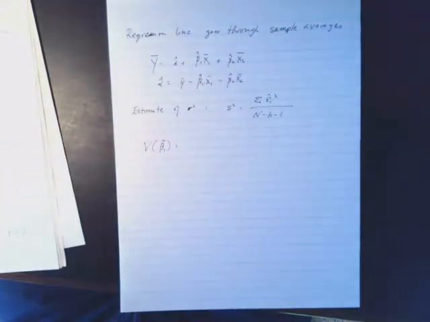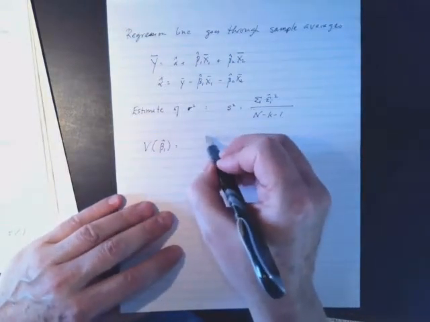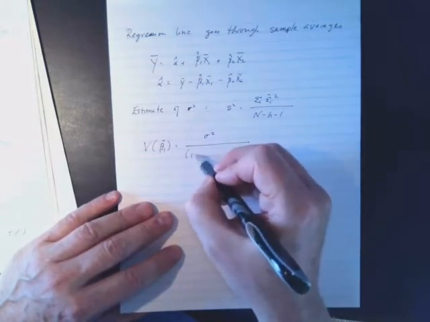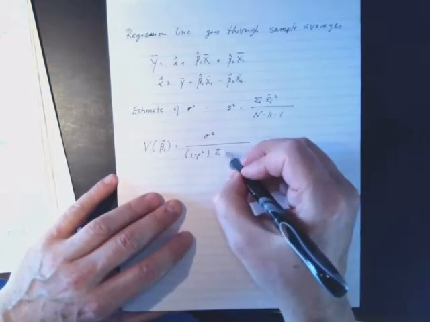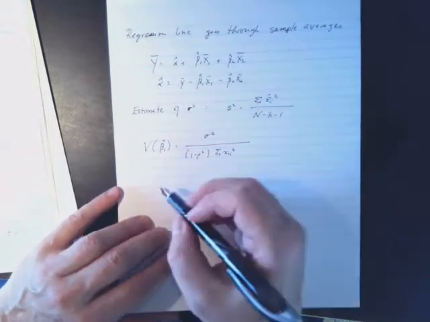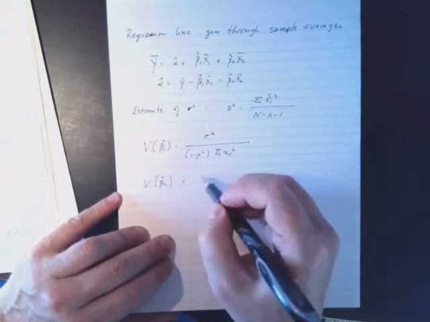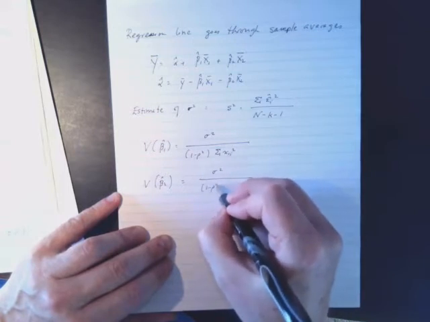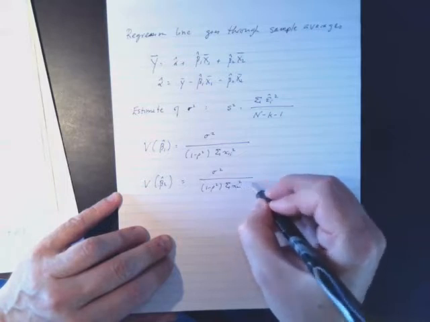We go from using standard normal to t-tables. So I'm just going to follow the textbook notation. The variance of beta 1 hat is sigma squared over 1 minus rho squared, times the sum of little x1 squared, and the variance of beta 2 hat is sigma squared over 1 minus rho squared times the sum of x2i squared.